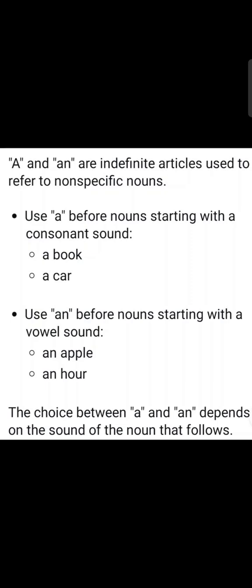Similarly, in the use of an, we need to keep it very clear that we are using an before nouns that are singular, and if and only if the first sound of the word is a vowel, not that the letter needs to be a vowel. The initial letter of a word need not be a vowel, but its sound needs to be a vowel.